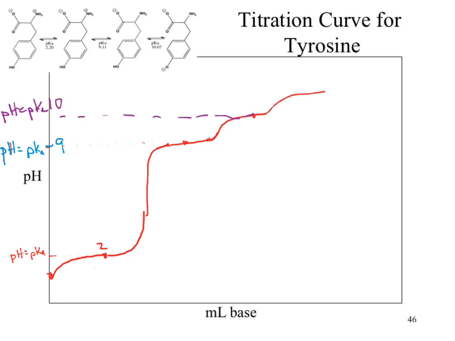A fun question that comes out of the homework is you will be given a titration curve and they will ask, what is the amino acid that matches this titration curve? How do you determine that? Your pKa is at that plateau. That gives you the pKa. If you only have 2 plateaus, what does that mean? There are only 2 pKas. So then we don't have, not necessarily a nonpolar R group, but not acidic or basic.